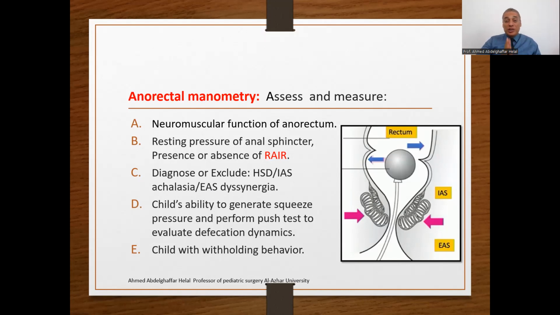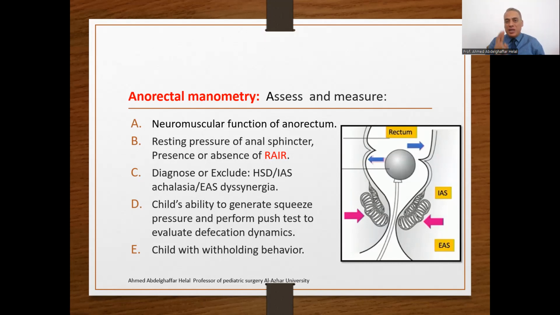So it's very important and essential to perform anorectal manometry for refractory cases or intractable functional constipation in children, to assess, number one, the presence of the recto-anal inhibitory reflex. Distension of the balloon in the rectum normally induces relaxation of the internal anal sphincter.